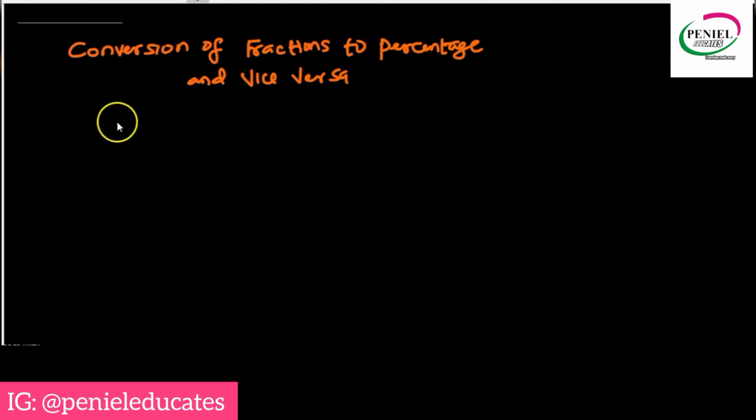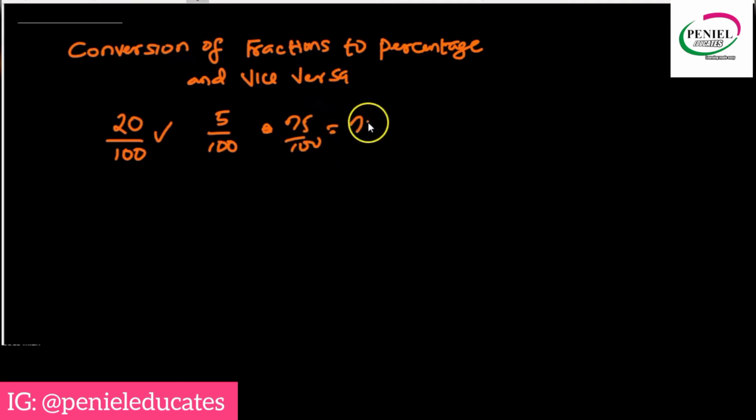For example, if you have 20 as the numerator and 100 as the denominator, this is 20%. 5 over 100 is 5%. 75 over 100 is 75%, which means 75 over 100.